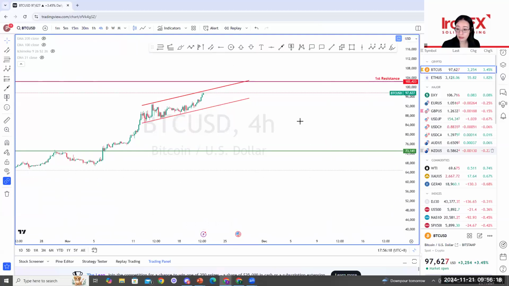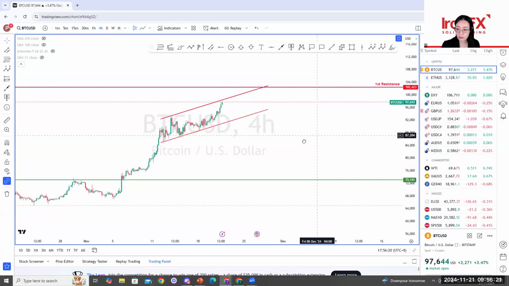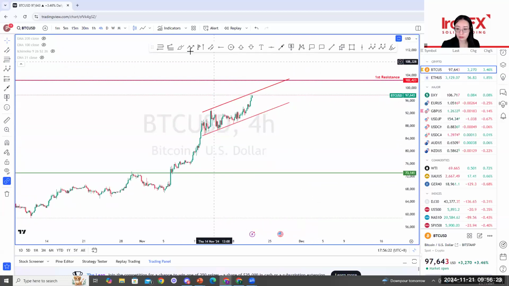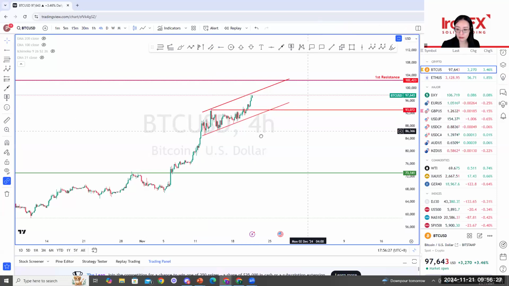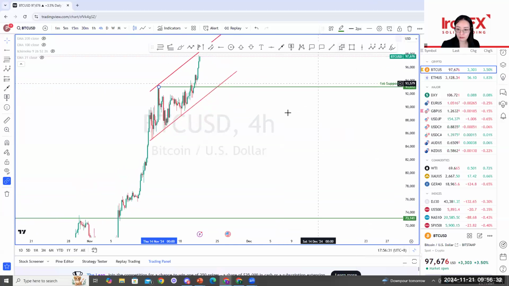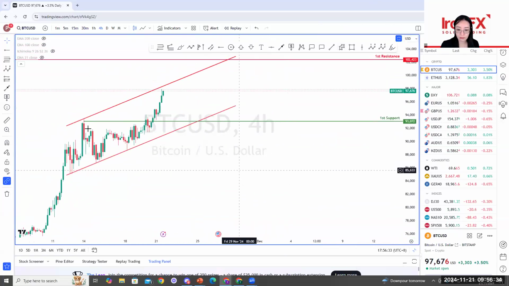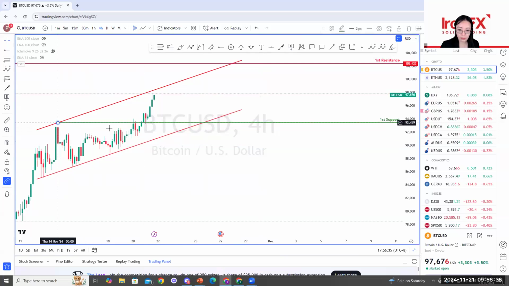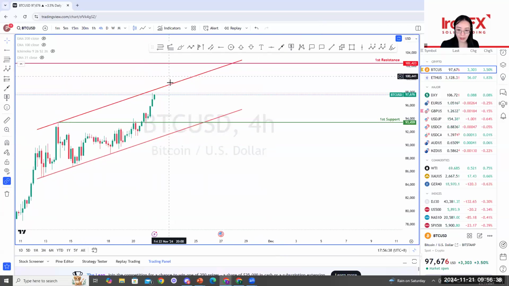Gold is rising again. Okay, so this is a BTC. You can see that support in H4 time frame. Break above, right? H4 time frame here. The wick break above, pull back, buy up.